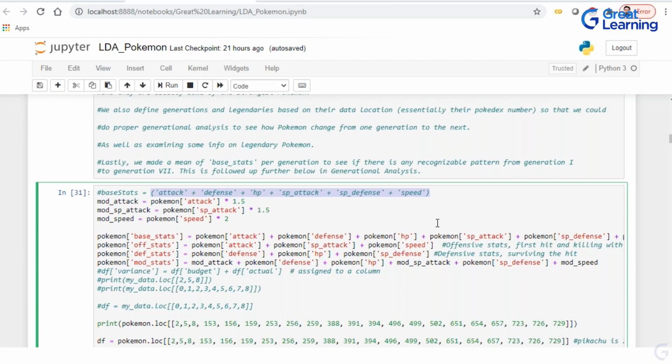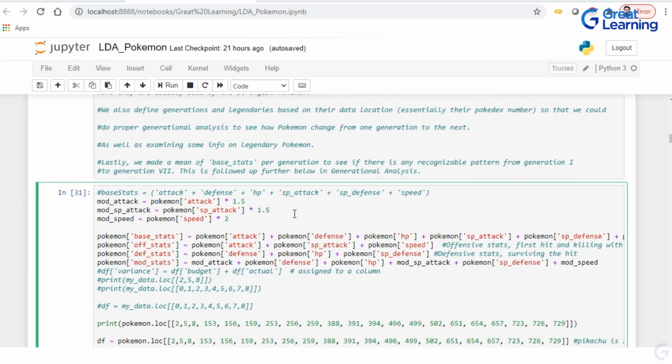So we started creating our own variables. So what we did, we created some mod of attack, which was nothing but, let's say 150% of the initial attack variable value. Similarly, for speed, we doubled it. Similarly, for SP attack, we multiplied it by 1.5. There is a completely different discussion of why we did what we did.